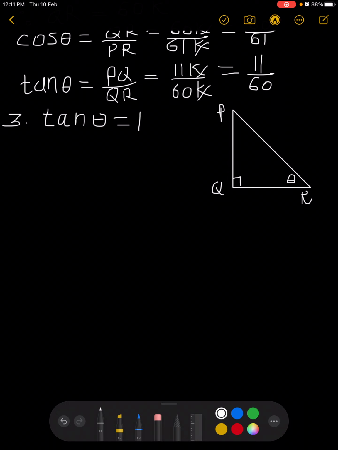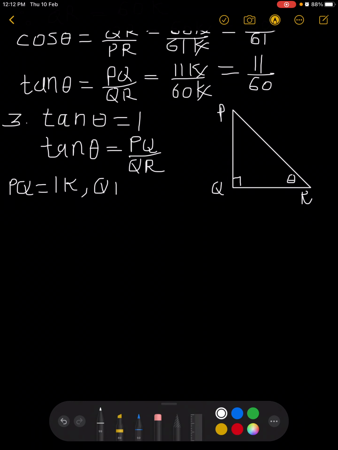and I'll write the definition of tan theta here. Tan theta is a ratio of opposite side PQ and adjacent side QR. Now PQ will be written as 1K, QR as again 1K, no number in the denominators, suppose 1.